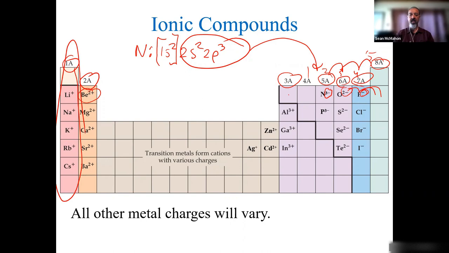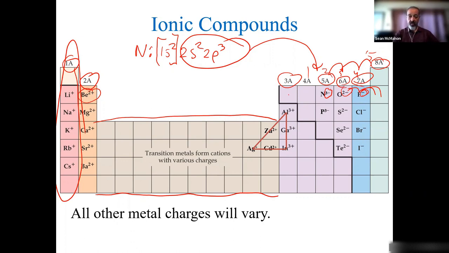Okay. Now the transition metals, right here, there's a few that are special and they have pretty consistent charges. And those are those in that triangle right there. All the other metals in the transition metal block can have more than one charge, and I'll talk about that in a second.